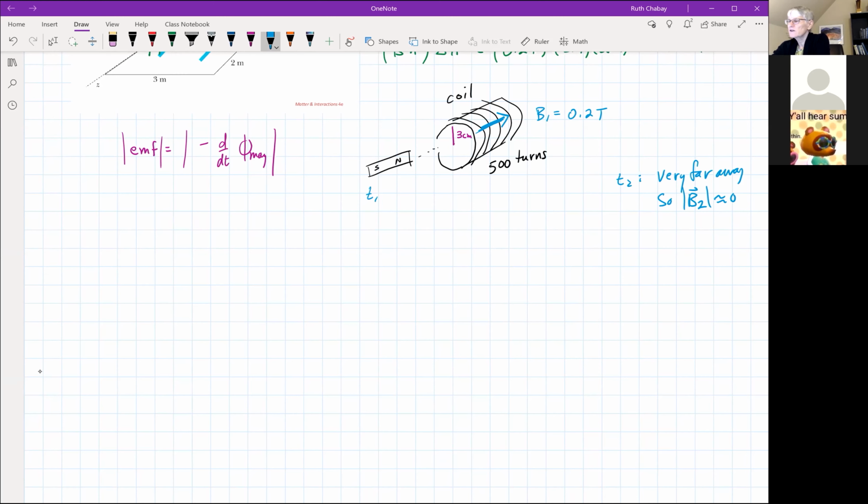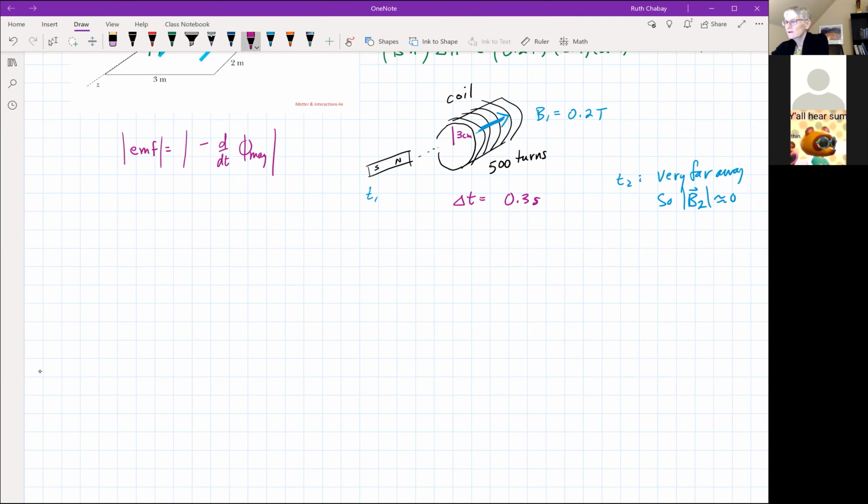And let's say we do this in a time of 0.3 of a second. So we hold the magnet here near the coil and we just jerk it away.